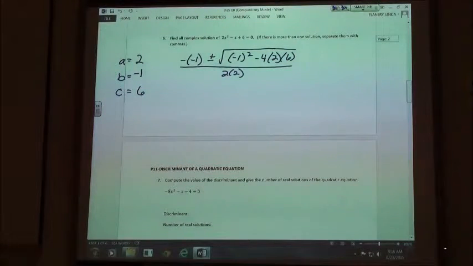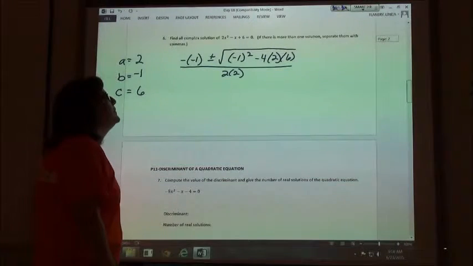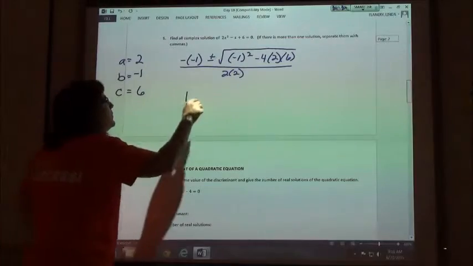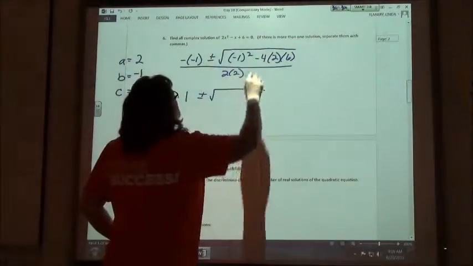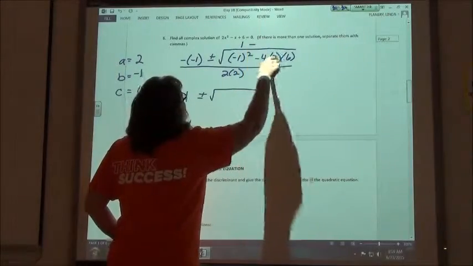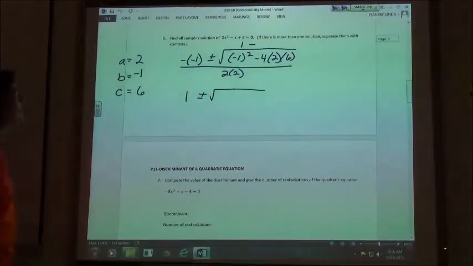So simplifying that, we are going to get 1 plus or minus the square root of 1 minus 4 times 2 times 6 over 4.